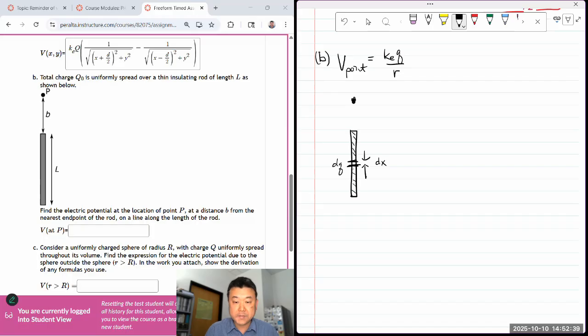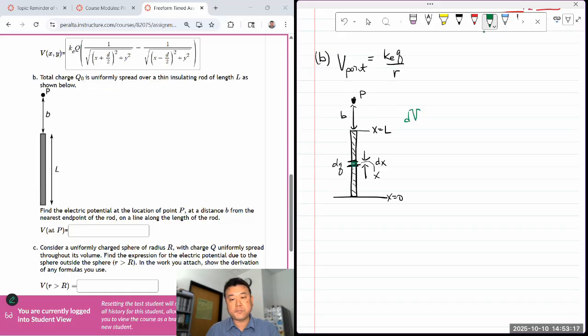And let me set my origin so that x is equal to 0 here, and so this is at the value x, and this is where x is equal to L, and I'm only going to use x to integrate over the rod, so I don't really need to specify x outside of that. This is just distance b at point P. So I consider what I call the infinitesimal voltage contribution from this infinitesimal charge element.